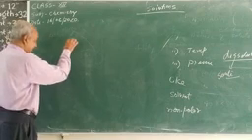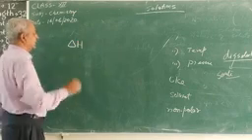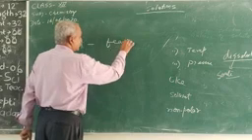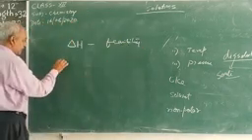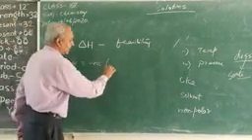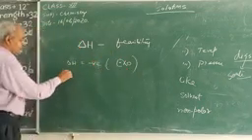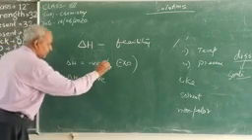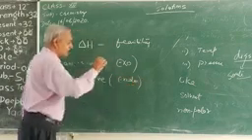The most vital condition is the value of delta H. This delta H value will decide the feasibility of the reaction. We also know that if the value of delta H is negative, the reaction will be exothermic in nature. I am writing only EXO. And if delta H is positive, then the case will be endothermic.